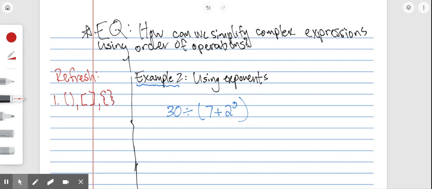Ooh, that curly bracket worked. Very nice. When we're done with brackets and grouping symbols, we go on to exponents. Remember, exponents are things that look like 3 to the second power or 5 to the 8th power. Anything to an exponent.